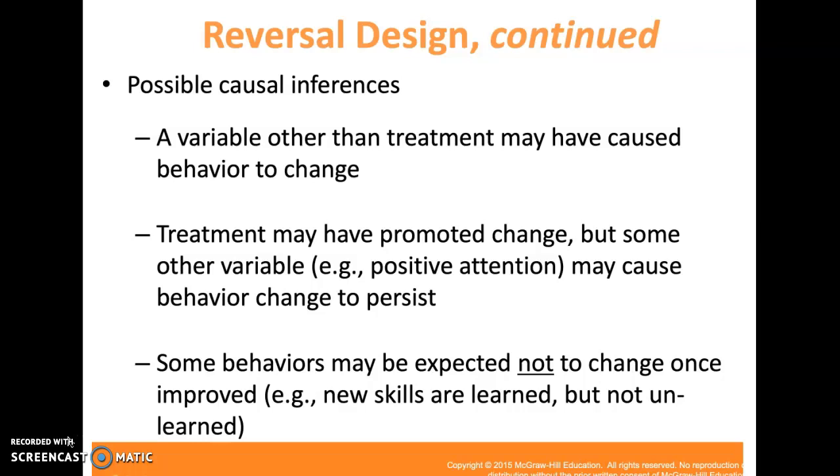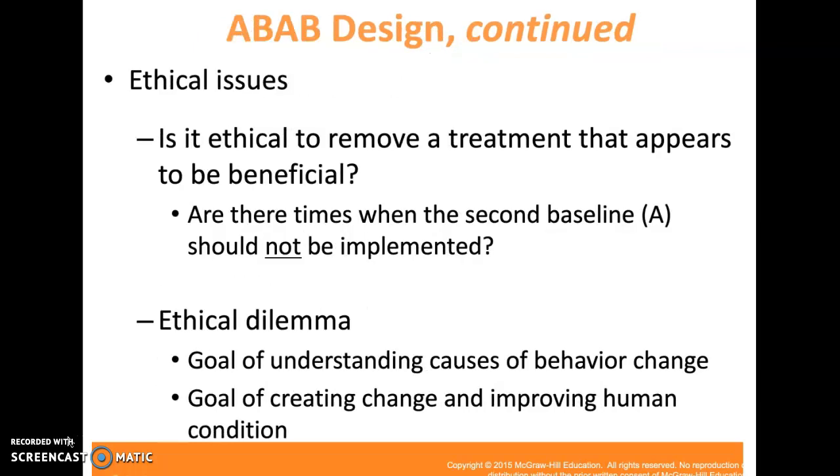So this AB design is really only going to work for certain cases, because there is also this ethical issue to it in that we may not want to remove a treatment if it has improved the quality of someone's life. If you think of a case where a client might engage in self-harm or harming others, if the treatment is effective at reducing those negative behaviors, is it really ethical to then take the treatment away and have that person engage in those harmful behaviors again?